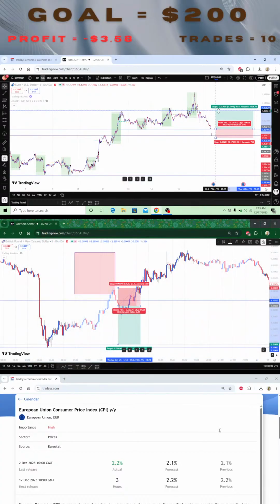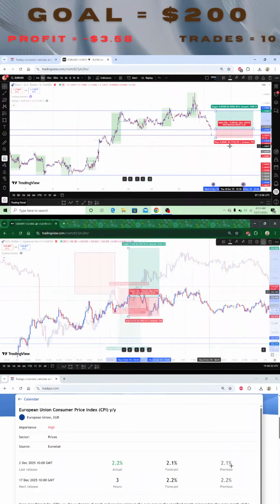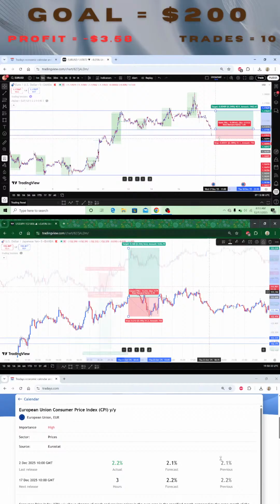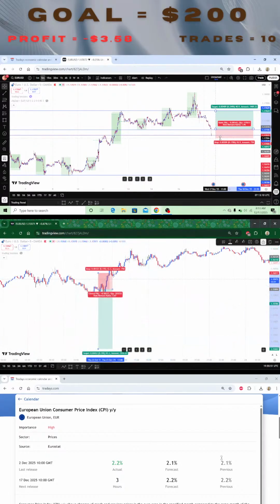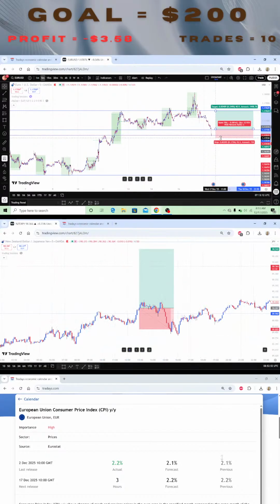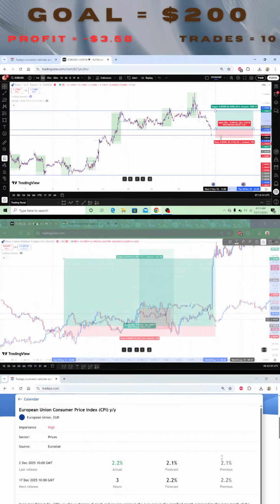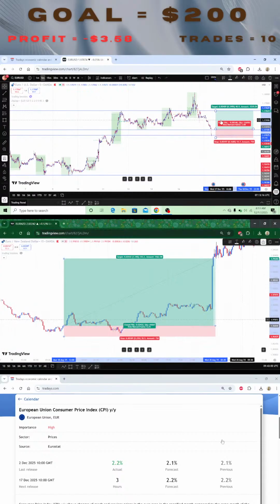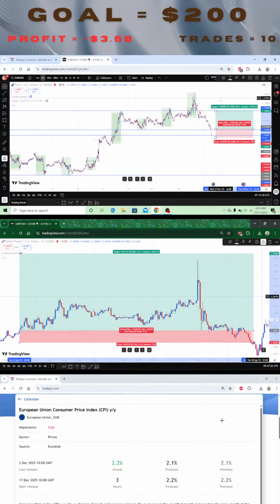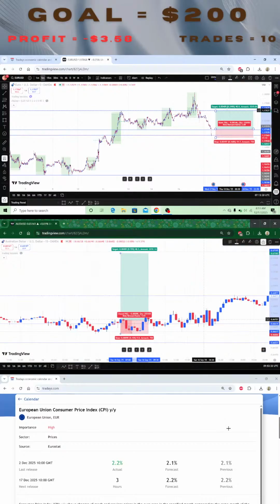So the minimum is 200, the maximum stop loss is supposed to be 200, and the maximum peak profit is supposed to be 400.